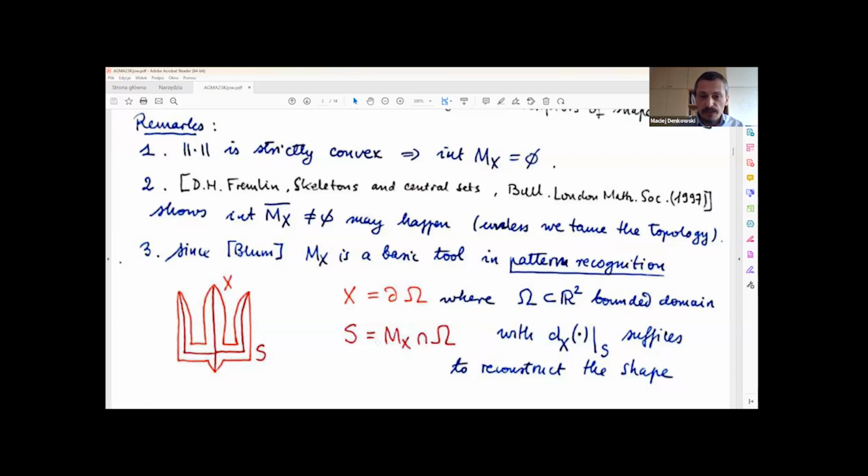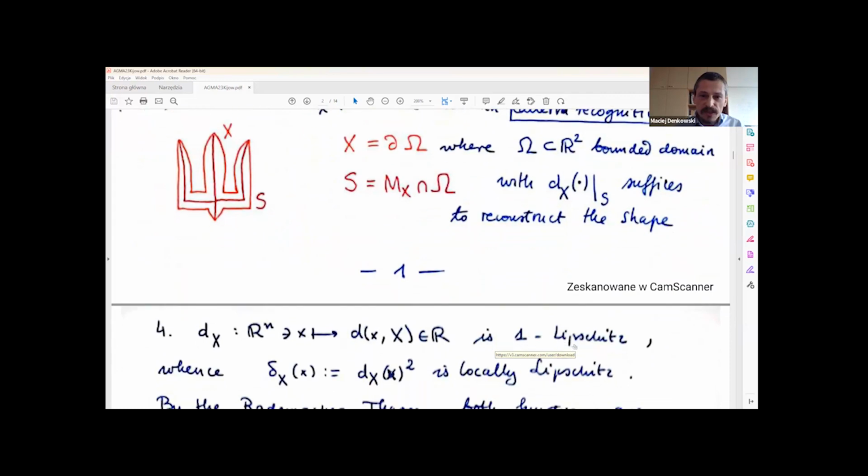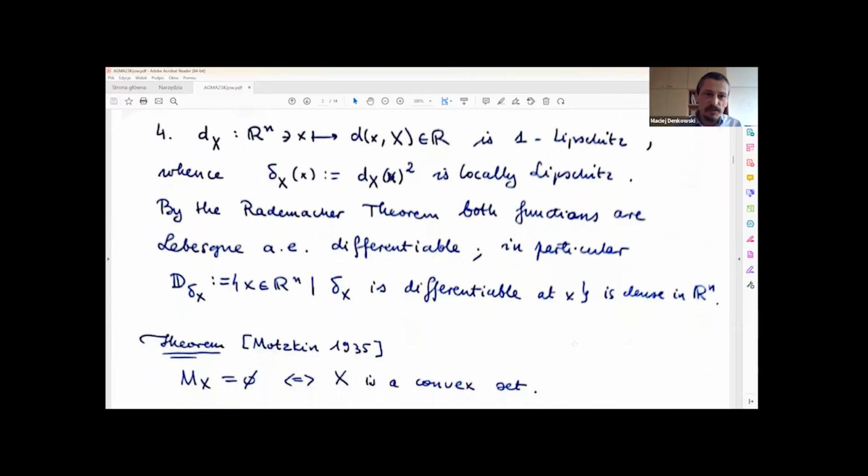If we consider the part of the medial axis that lies inside omega, so this is denoted by S, and when we know S and we know the distance function to X along S, this suffices to reconstruct the shape. So that's the idea, and you see here that we have a kind of data compression, right? But of course, I'm not interested exactly in this application side. My work is more theoretical.